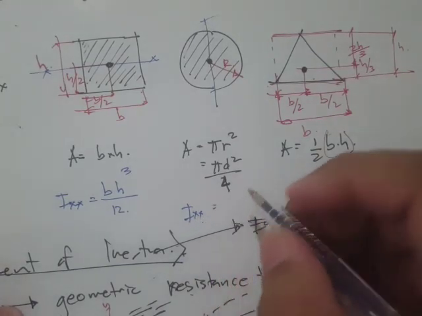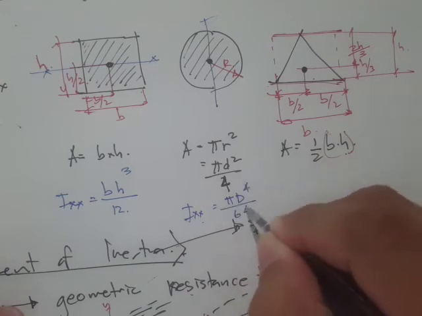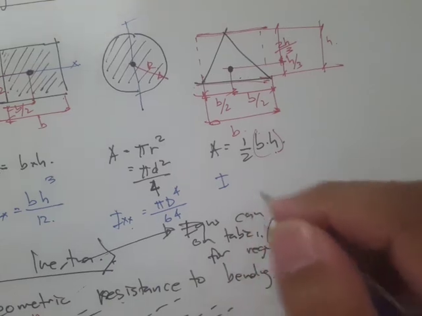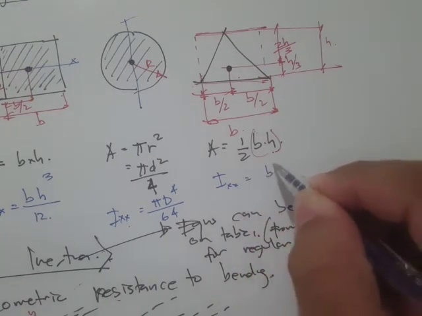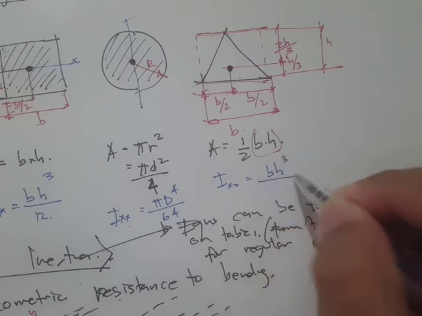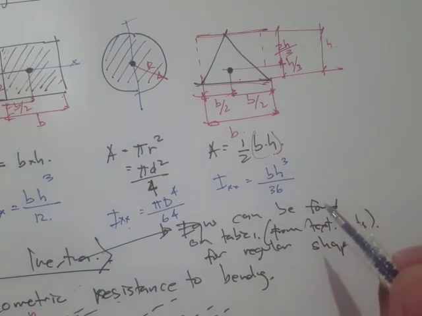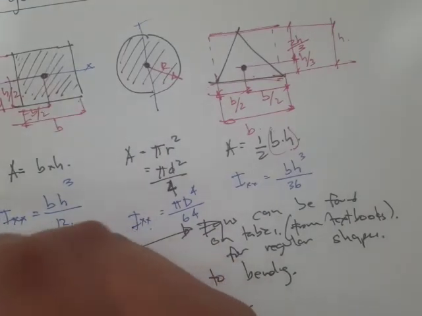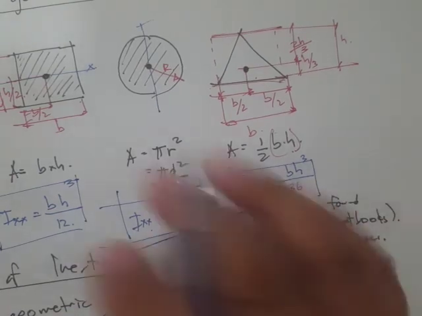This one is pi d to the fourth all over 64, or you can convert that to radius if you'd like. And for the triangle, it is base times height cubed all over 36. So these are the typical equations for these types of shapes.